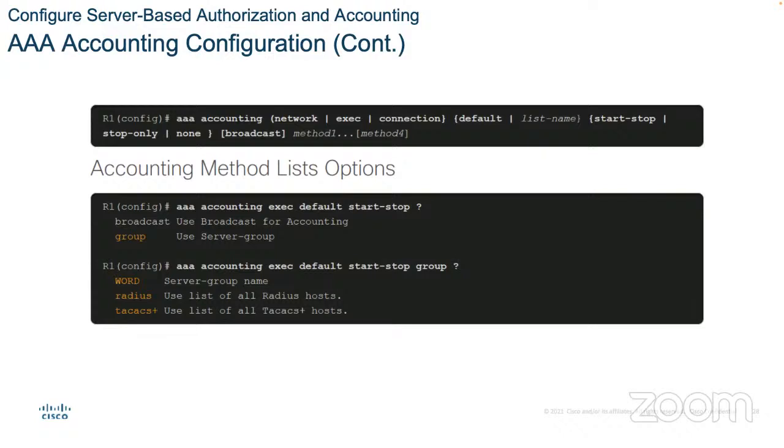Yeah, so it could send those specific things in different packets to different servers. So if you wanted your authentication to be one, your authorization to be another, and your accounting to be yet another, you could do that. Yes, it could be more work.